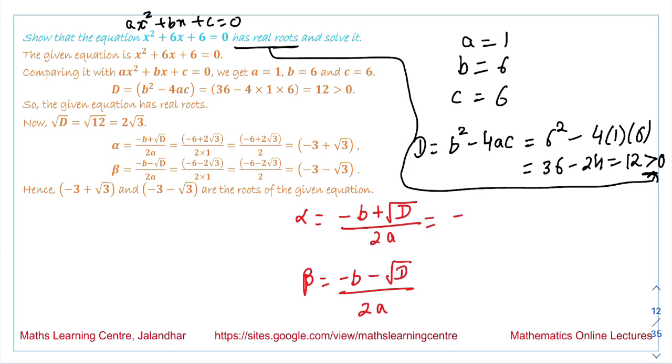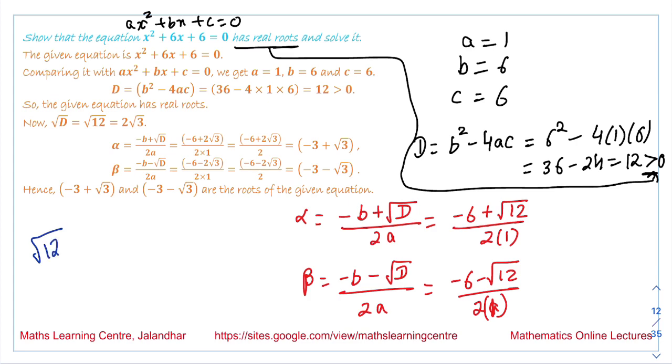So it is minus 6 plus square root 12 by 2 times a, minus 6 minus square root 12 by 2 times a, where a is 1. Now when we are talking about square root 12, we can write it as square root of 2 into 2 into 3. This is equal to 2 root 3.